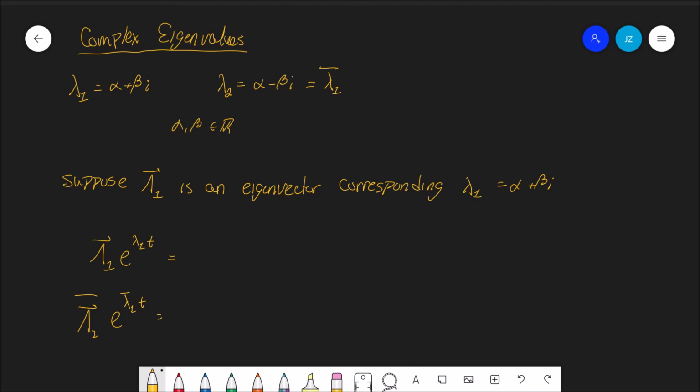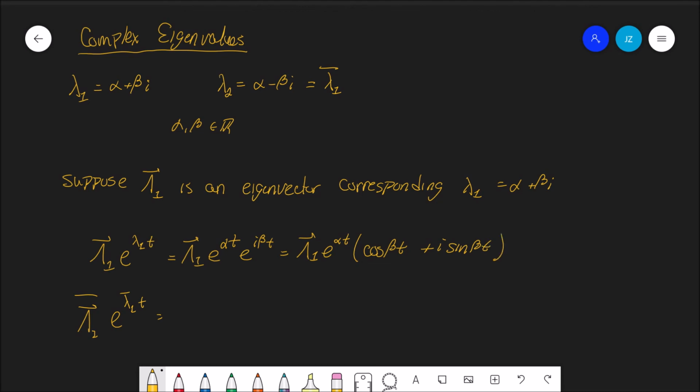So we're going to rewrite both of these. So for the first one, we can write it as lambda 1 times e to the alpha t e to the I beta t. And then we can use Euler's formula to write this as lambda 1 e to the alpha t times cosine of beta t plus I sine beta t.